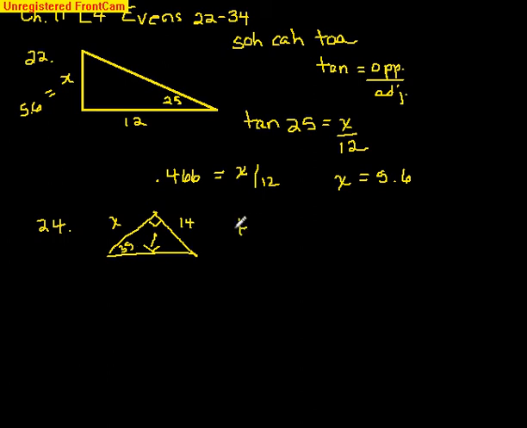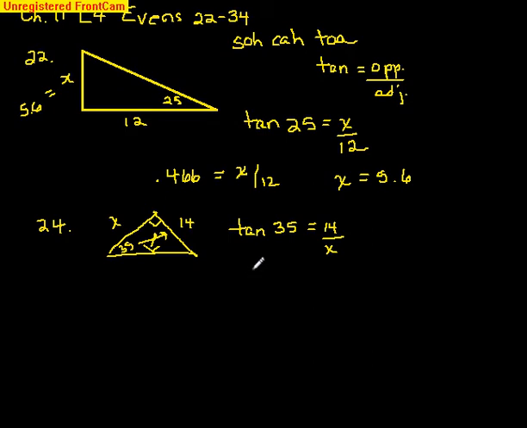So we would say tangent of 35 equals the opposite, which is 14, over the adjacent, which is the one right beside it that's not the hypotenuse, x. So in our calculators, we put 35 tangent, and I got 0.7.